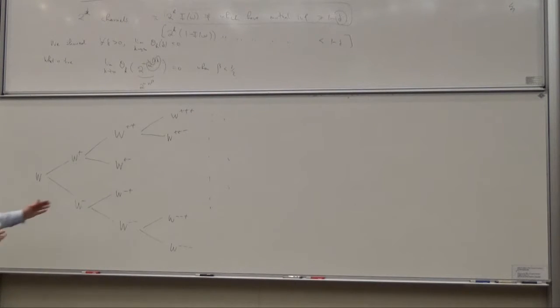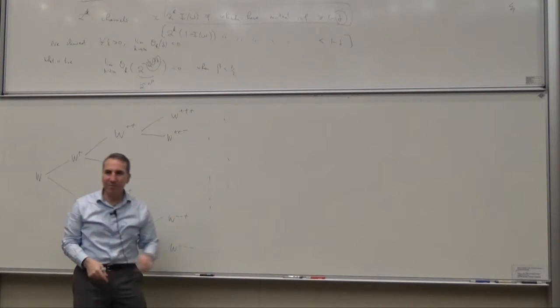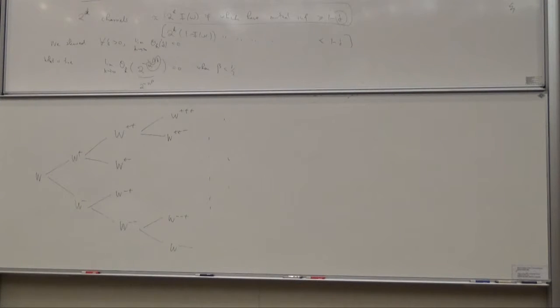If you take a look at this tree at some depth, I'm going to find a whole bunch of good channels, a whole bunch of bad channels, and very few mediocre channels. Fine. But which ones are the good ones?